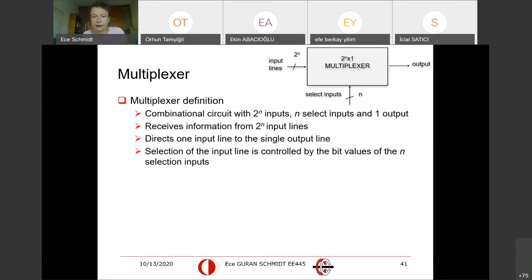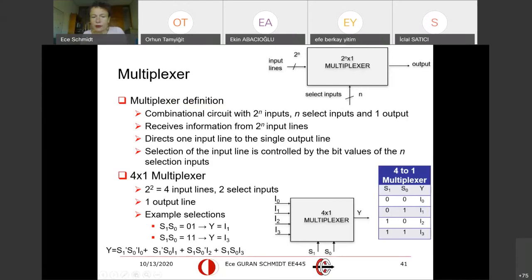That's the whole deal. If I look at a 4 to 1 multiplexer as an example, now I have 4 input lines. To select which one will appear at the output, I need 2 selects. If you look at the truth table of the 4 to 1 multiplexer, if selects are 0, 0, output is showing I0.